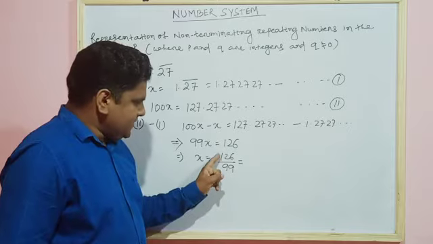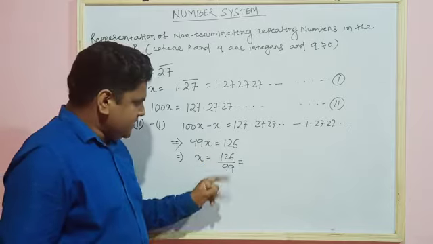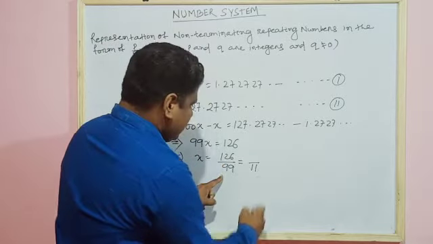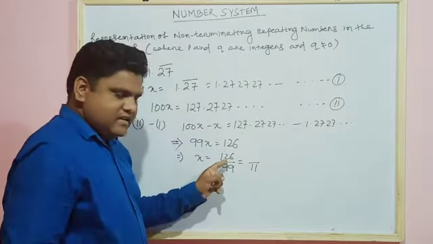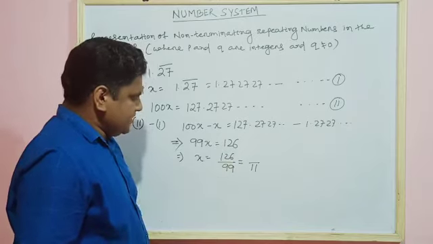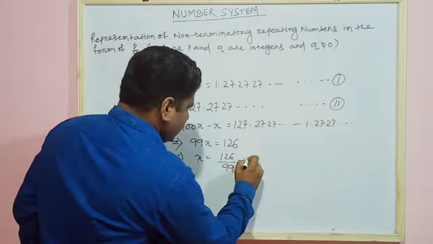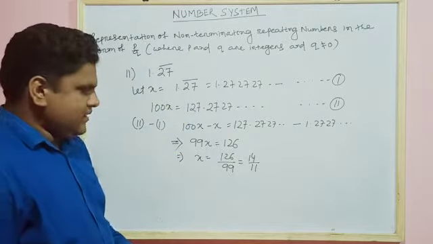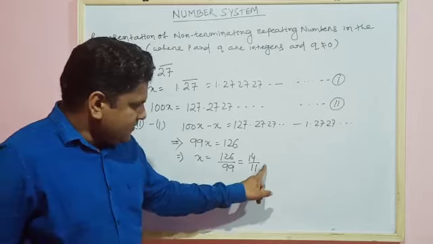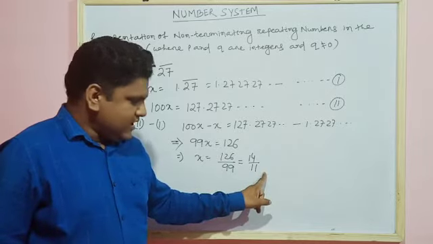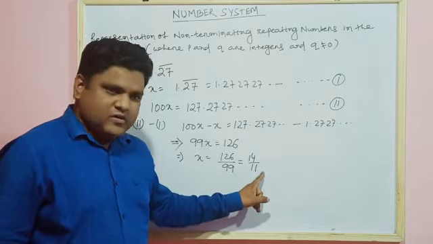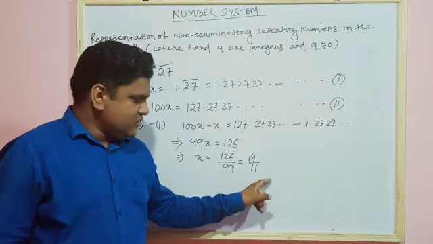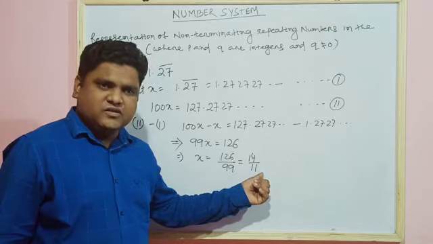When we eliminate 9 from the denominator, it will be 11, and when we eliminate 9 in the numerator, it will be 14. So the fraction will be 14 by 11. It is in the form of p by q, where p equal to 14 and q equal to 11. Both p and q are integers, and q is not equal to 0, means the denominator is not equal to 0.